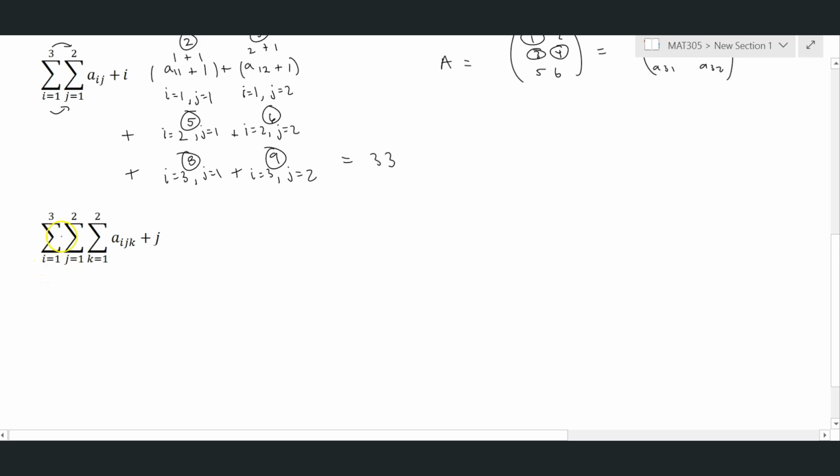Well, for a tensor, imagine that what we have here is a matrix stacked upon a matrix. So imagine that what we have here is a 3 by 2. That's where our i and our j goes, but k could actually represent the multi-dimensional dimension.